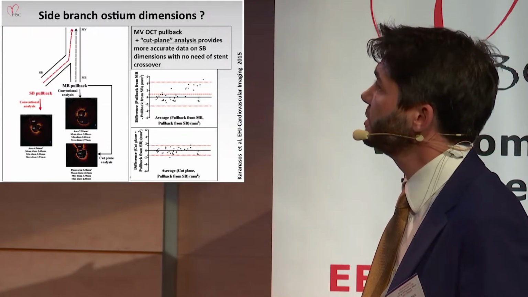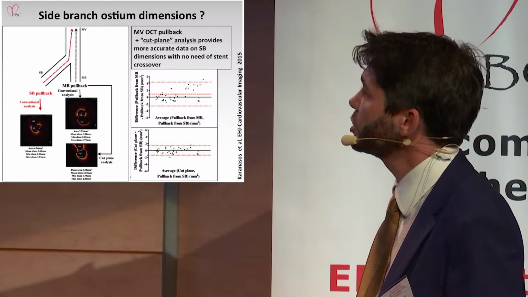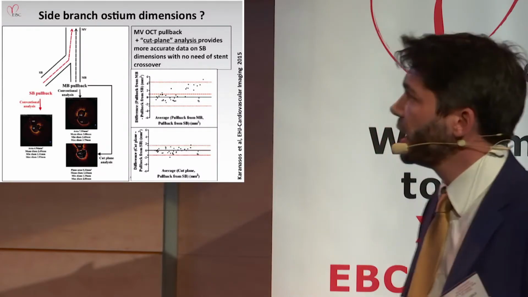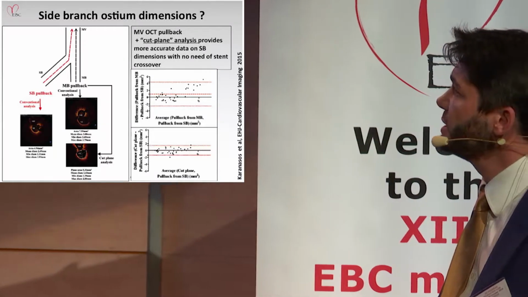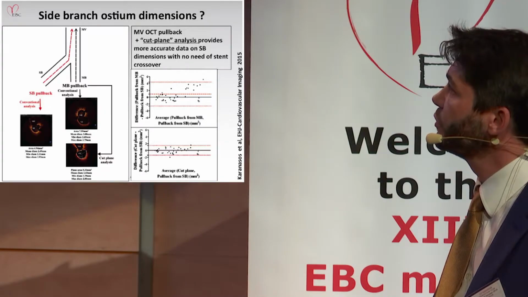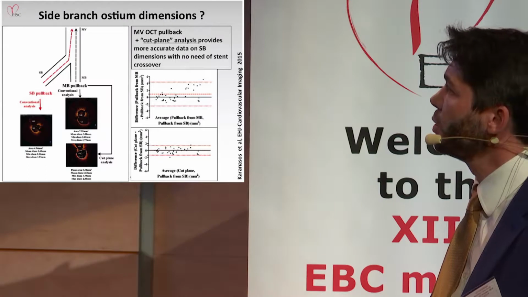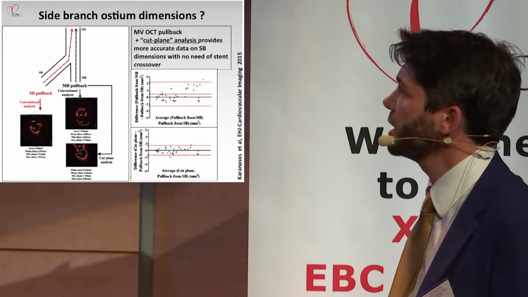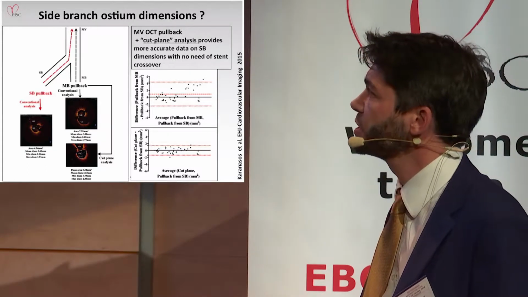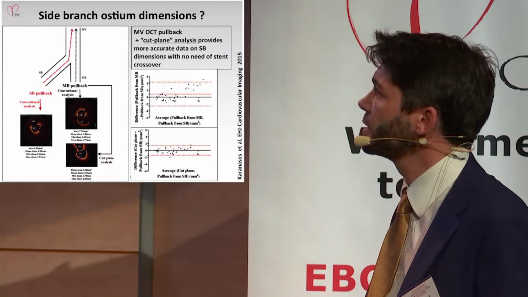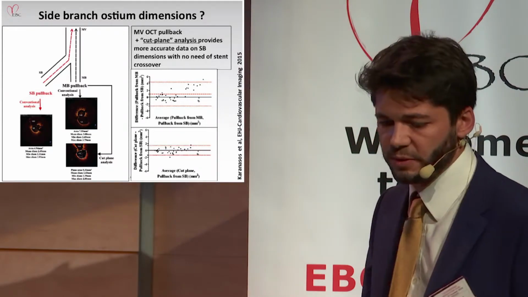You see that they are very different dimensions. They have different data, and there is an overestimation of the side branch ostium dimension with the conventional analysis. Whereas if you go for the cut plane analysis, you get a much more relevant dimension, and these two dimensions are much better correlated. So this is something that we need if we want to treat bifurcations.